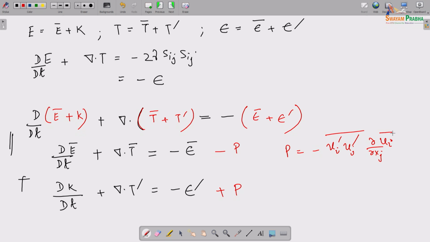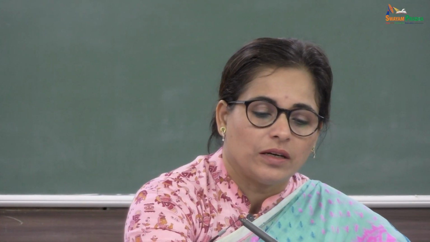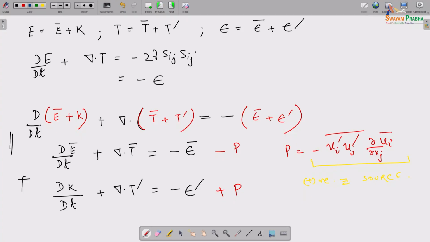Now this term turns out to be mostly positive, and therefore this is considered to be a source of energy. Hence we call it production of turbulent kinetic energy, or simply production. So this is nothing but the production.